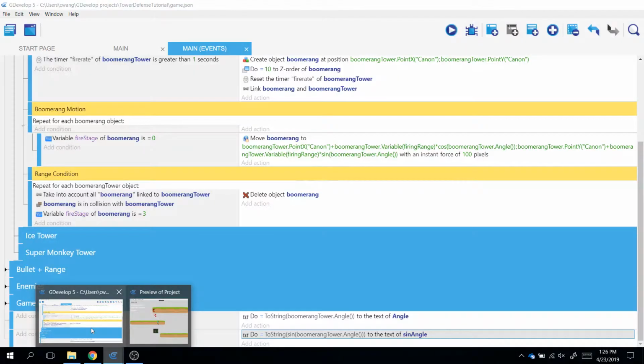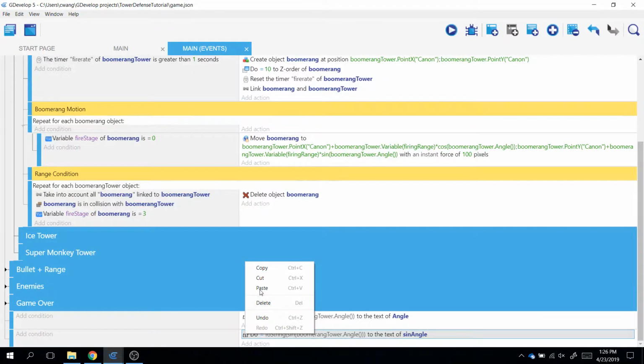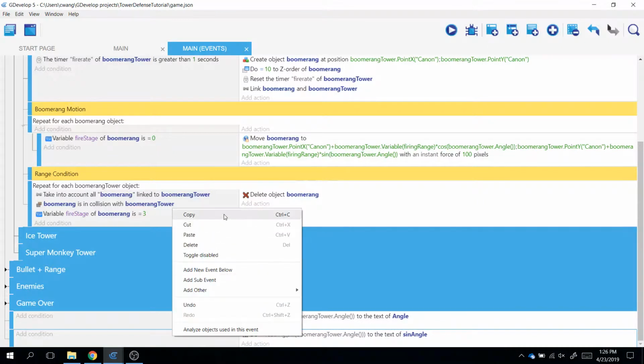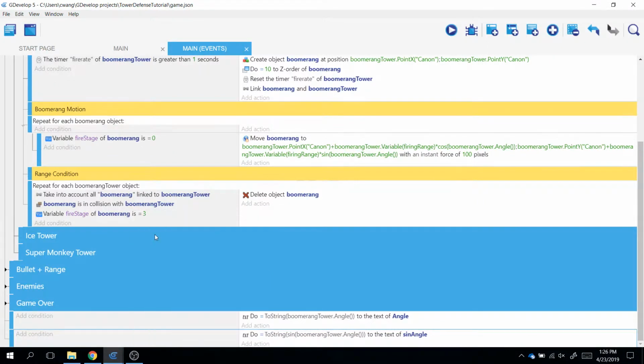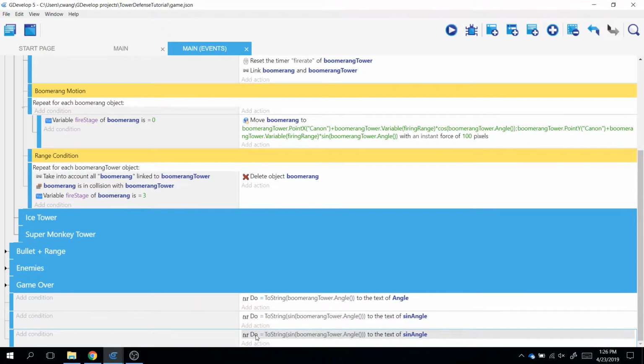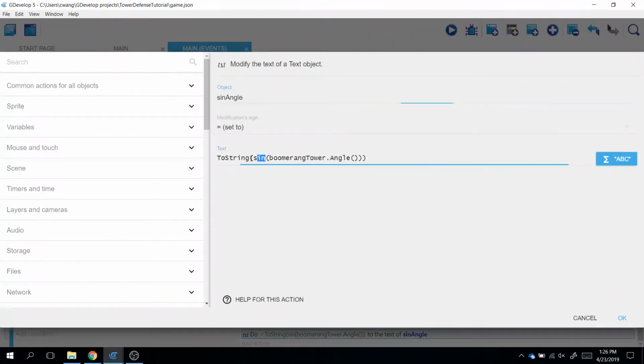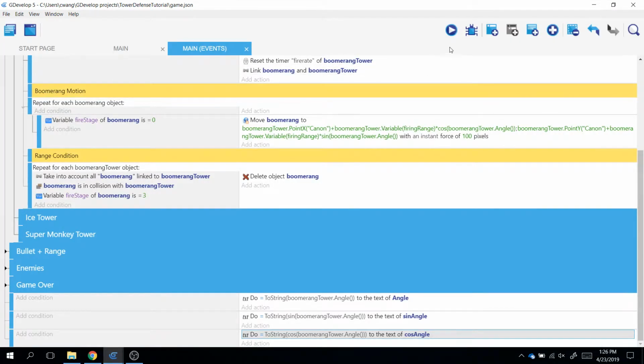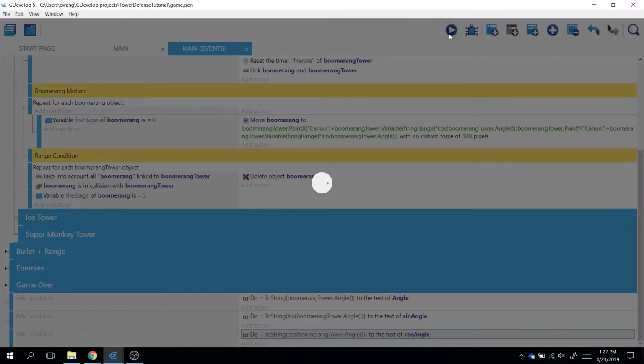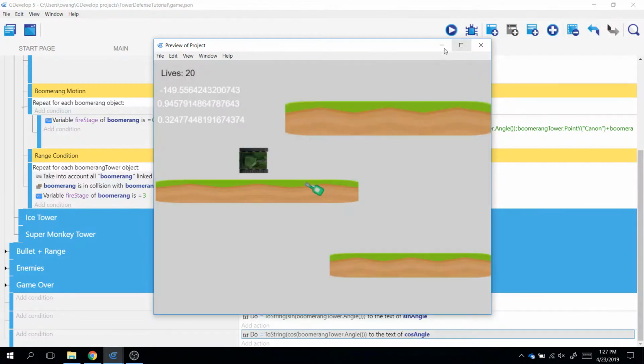I wonder if my cosine is doing the same thing. I'm going to go ahead and copy this event and paste. So instead of doing sine, I'm going to do cosine, and I'm going to use the cosine. Alright.